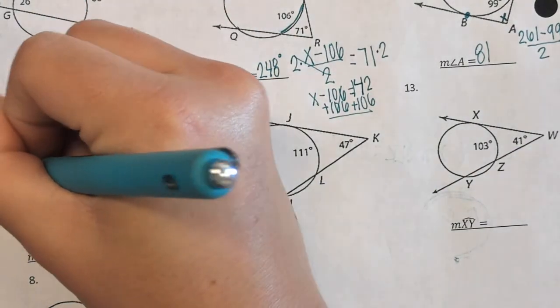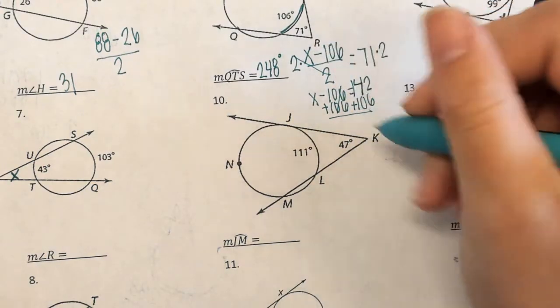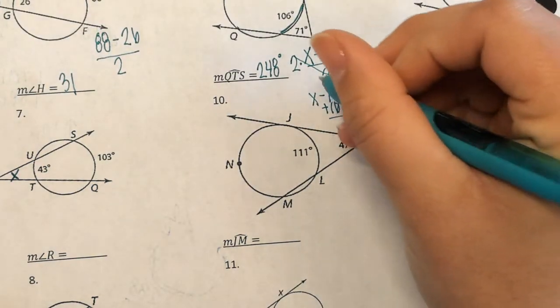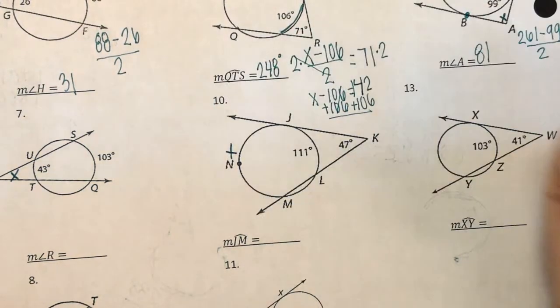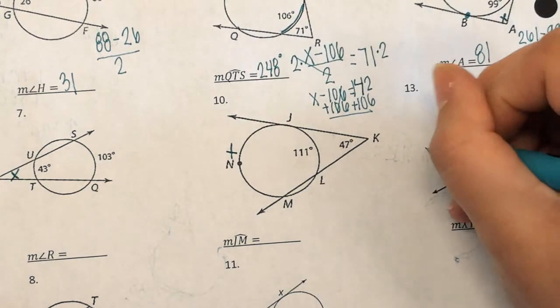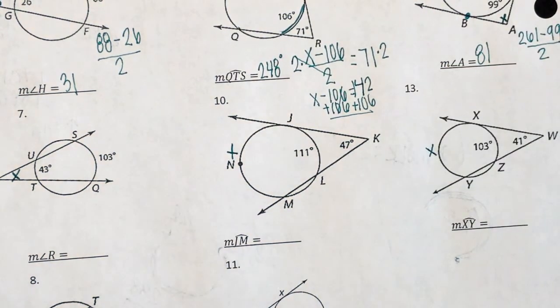Here you're finding for this one. Are you looking at the picture, or is it a different picture? Are you sure which ones you're finding? Because it tells you. You're finding angle R, you're finding JM, you're finding XY.